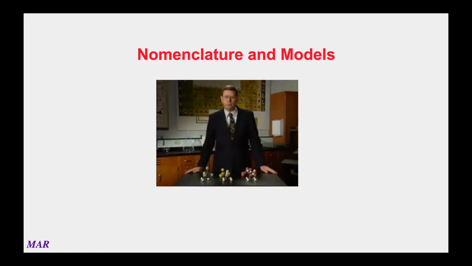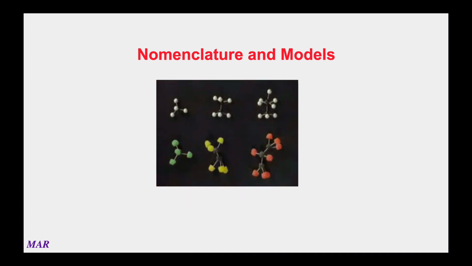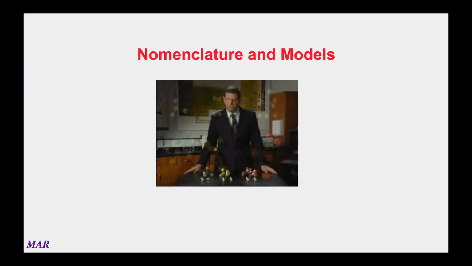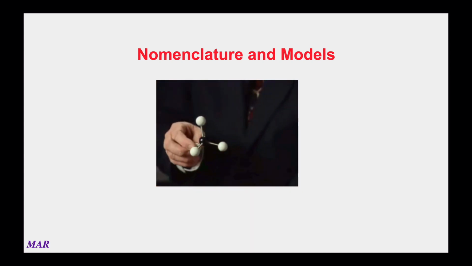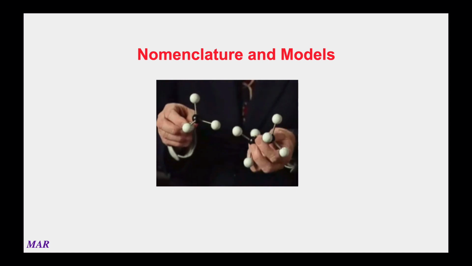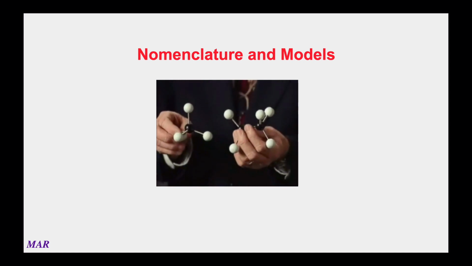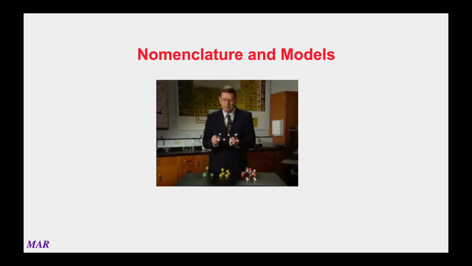To visually reinforce the fact that members of a homologous series, such as we see here, differ from each other by a specific structural unit, we use molecular models. Here, for instance, is the tetrahedron of carbon, a model of methane. In order to turn that model into ethane, we add another CH3 group to the end by substituting for a hydrogen.